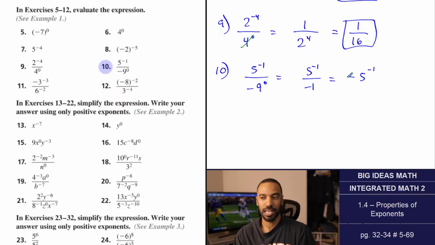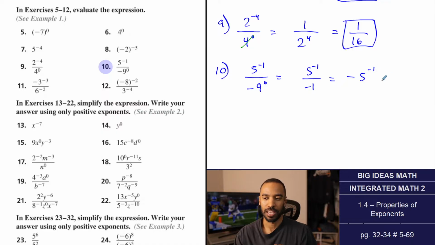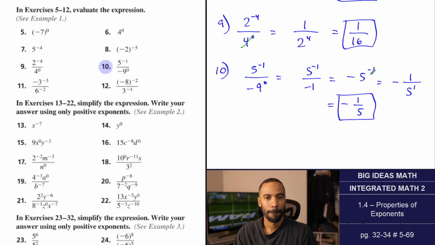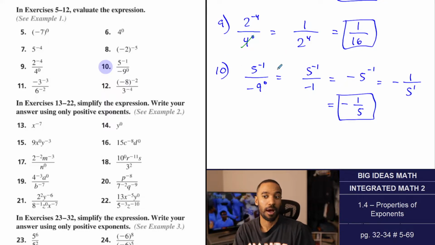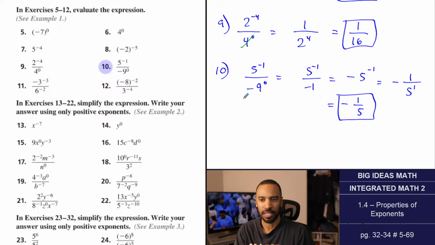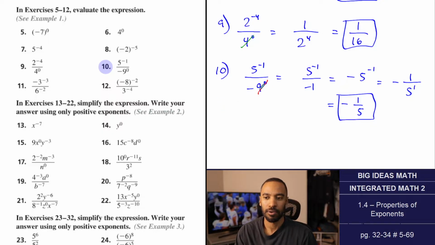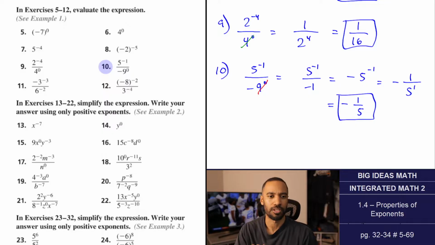And, much like I was just stating, this negative has nothing to do with the 5 as well. The 5 is raised to the -1st power, so this becomes -1 over 5 to the +1st power, which is a long way of just saying -1/5. So a lot of steps, a lot of them unnecessary if you know what you're doing from the get-go. Just make sure that if you cancel this part out, you know that negative's not a portion of it as you move things forward.